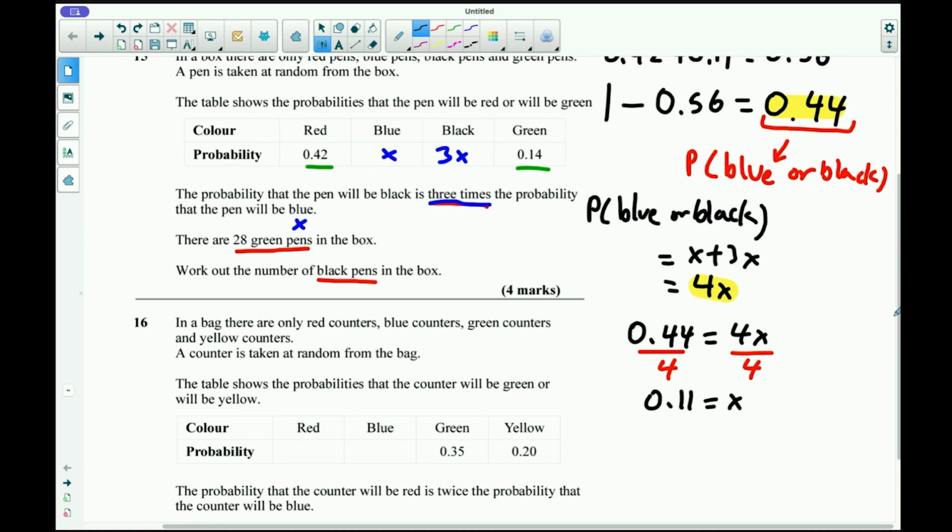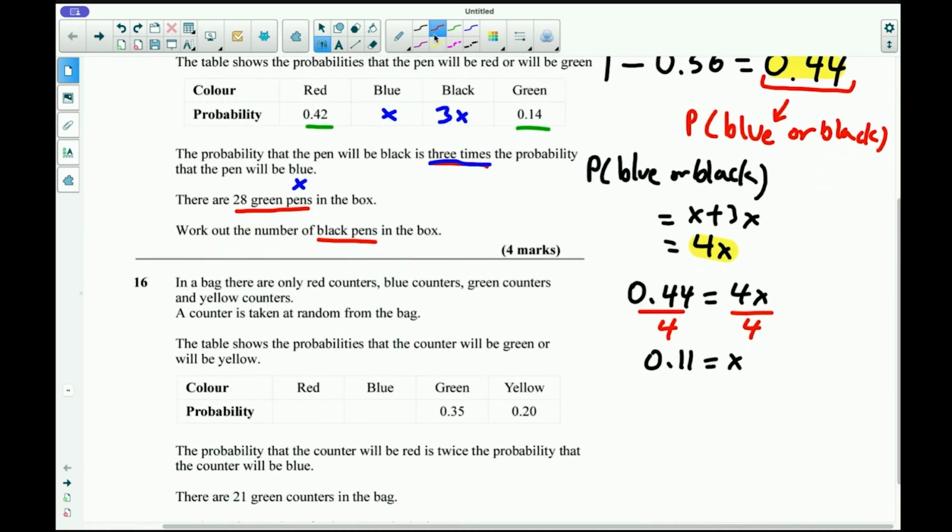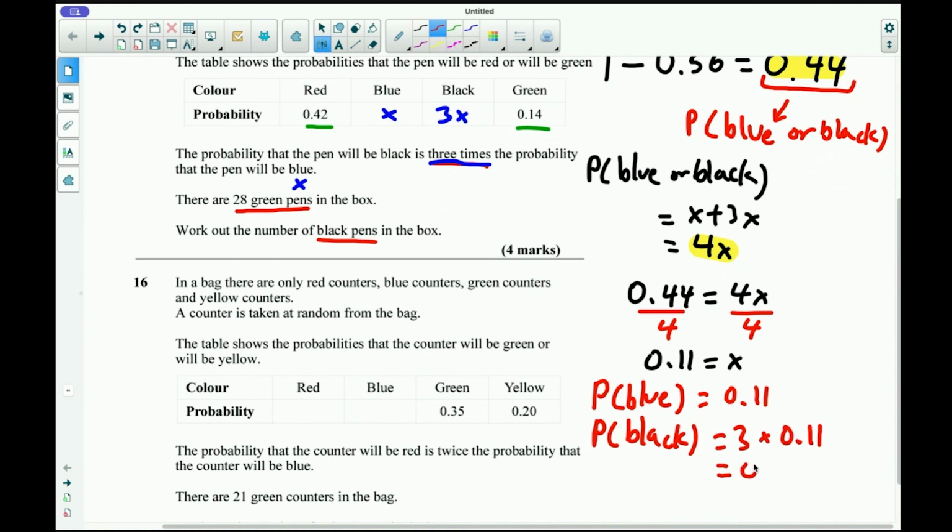This implies that the probability of blue is just going to be 0.11. And then we can say the probability of black is equal to 3 times 0.11, which is 0.33.